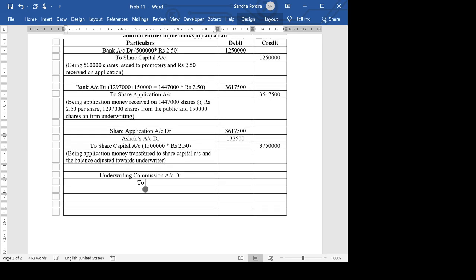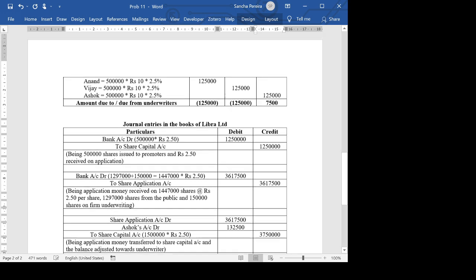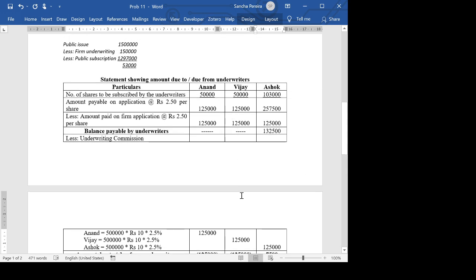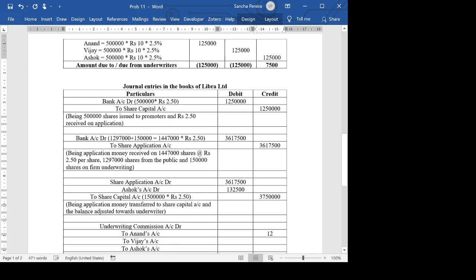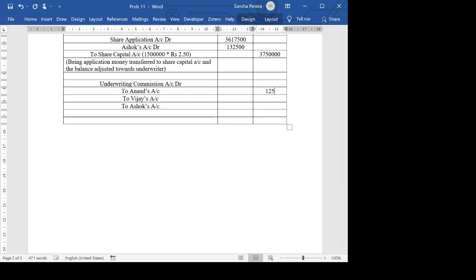We have Anand's account, to Vijay's account and to Ashok's account. So each one gets 1,25,000, like we have calculated here. So that comes to 3,75,000.